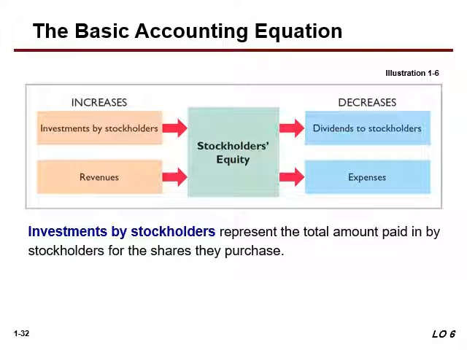Dividends to stockholders and expenses. So stockholders' equity has 4 items: 2 increase it and 2 decrease it.